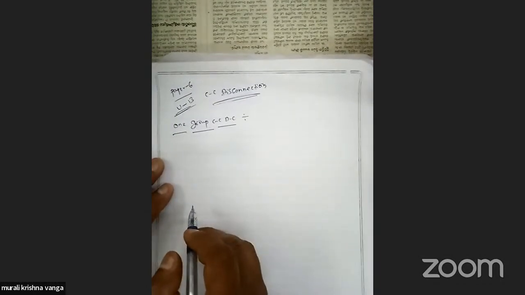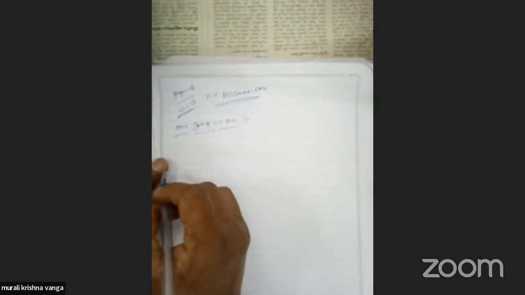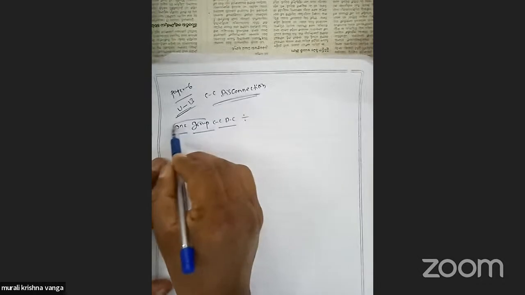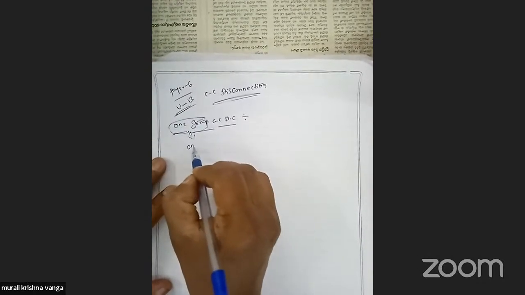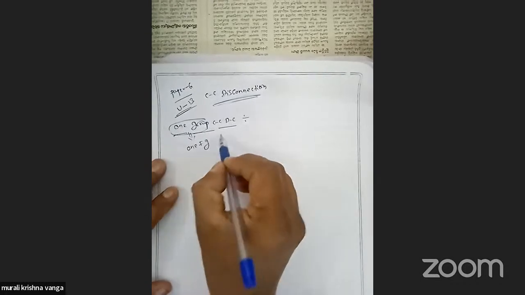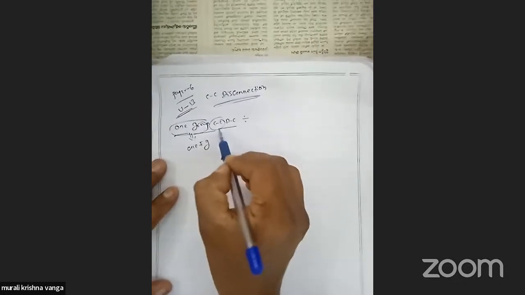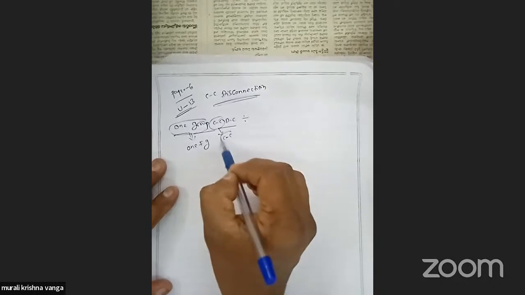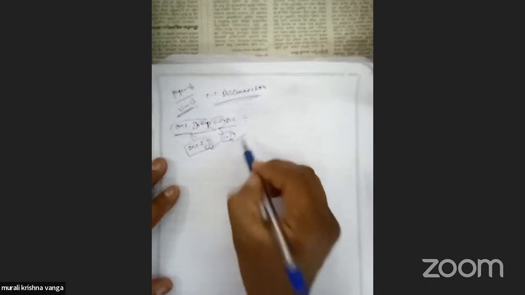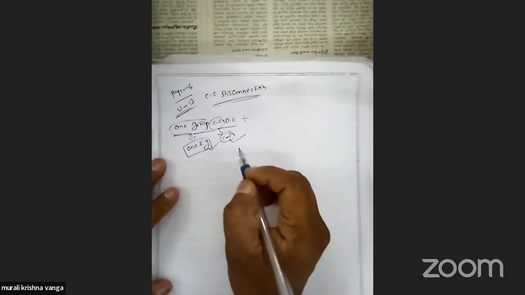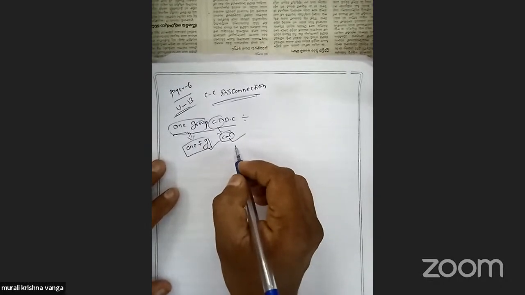One group means one function group. Carbon-carbon bond undergo disconnection. One group CC means one function group.